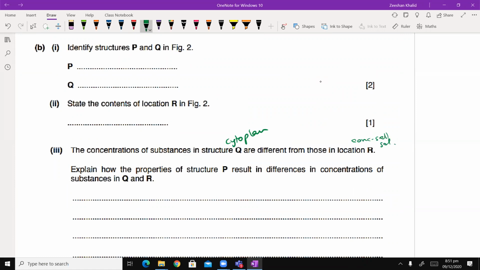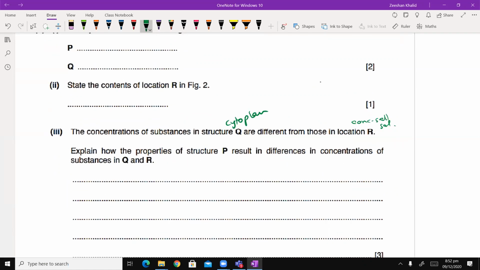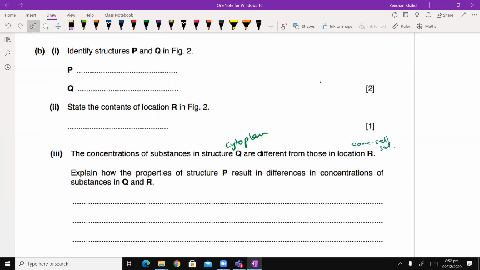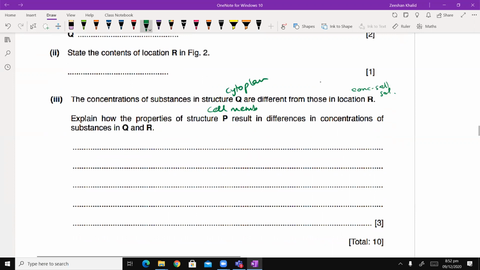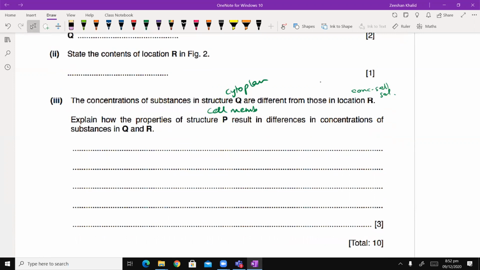He's saying the concentration of substances in structure Q are different from those in location R. Explain how the properties of structure P. What was structure P? It was the cell membrane. Explain how the properties of structure P results in differences in concentrations of substances Q and substances R. Haanji, 3 marks.